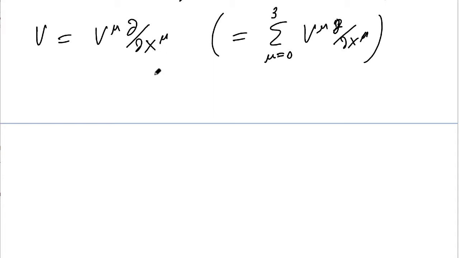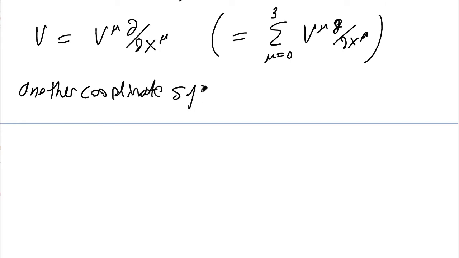Now, coordinates are arbitrary. We can choose coordinates however we like. So what if we have another coordinate system? Let's call the new coordinate system x bar mu. Well, we can also write this same vector as a linear combination of basis vectors in this coordinate basis.